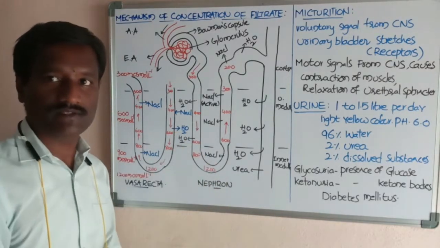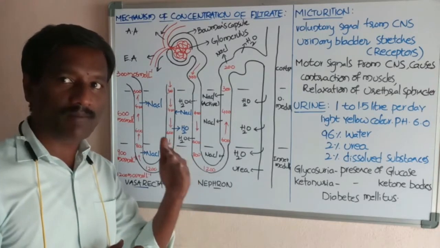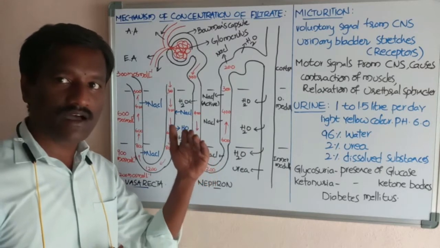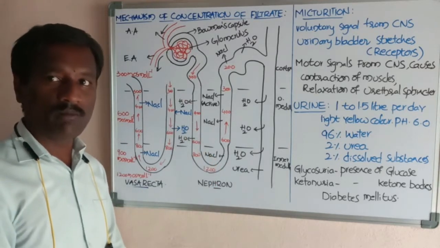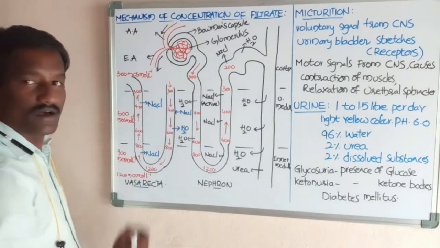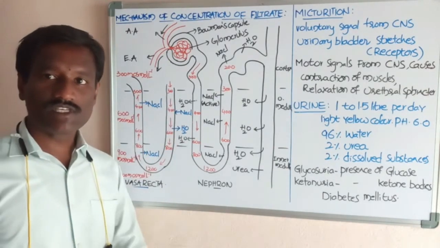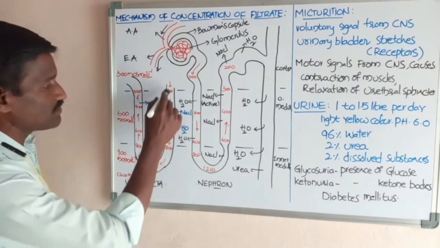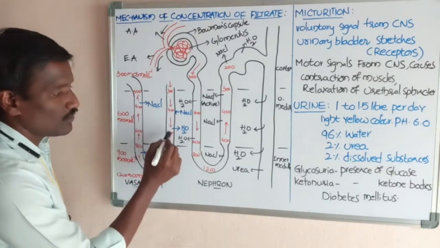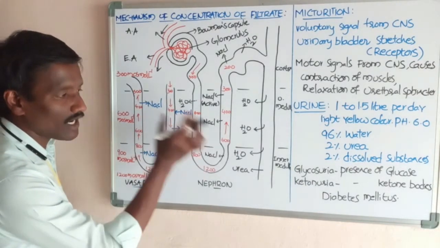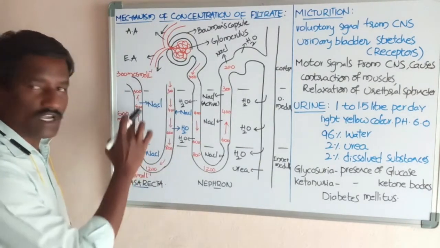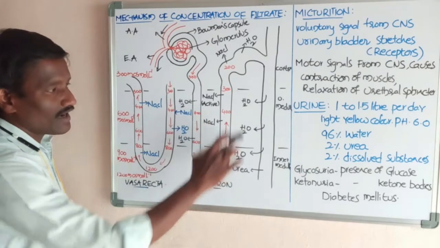The peritubular capillaries present at the region of the loop of Henle are called vasa recta. The vasa recta also has two limbs, located just beside the loop of Henle, a U-shaped structure like a loop of Henle.